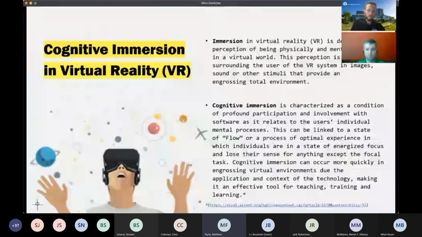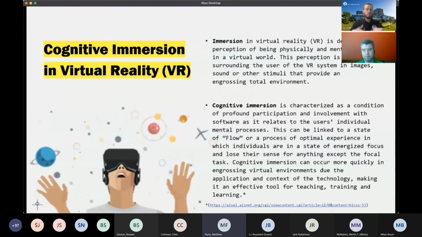So now that we've talked about the different ways that VR can be used in healthcare, I'm going to talk a little about the neurological phenomena that happen, similar to what Matt was just talking about, how your brain actually reacts to this technology and why it's such a great technology for healthcare.